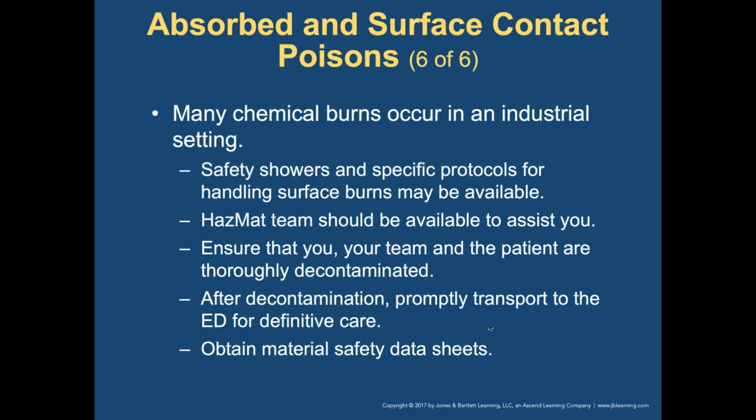Let's see here. Some chemical burns may occur in industrial settings. So if you have an industrial plant in your area, hopefully your FTOs or your community outreach person for your EMS provider have reached out to these plants and facilities that store these products, because they're called MSDSs, and they're supposed to have those on hand, which provides you information on how to treat the patient if there's this substance on them.